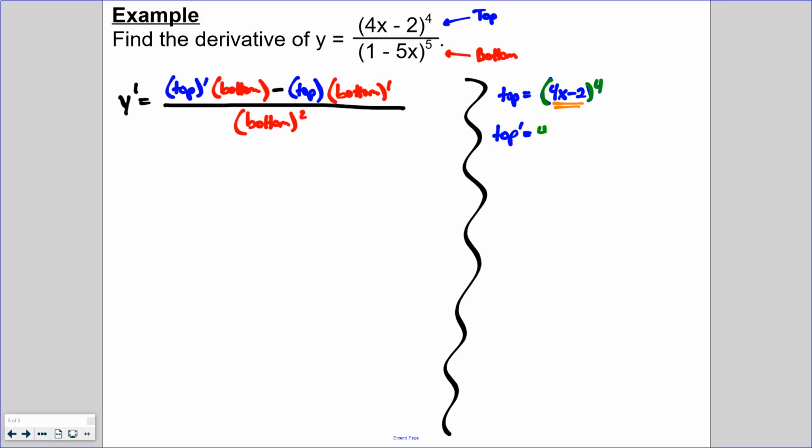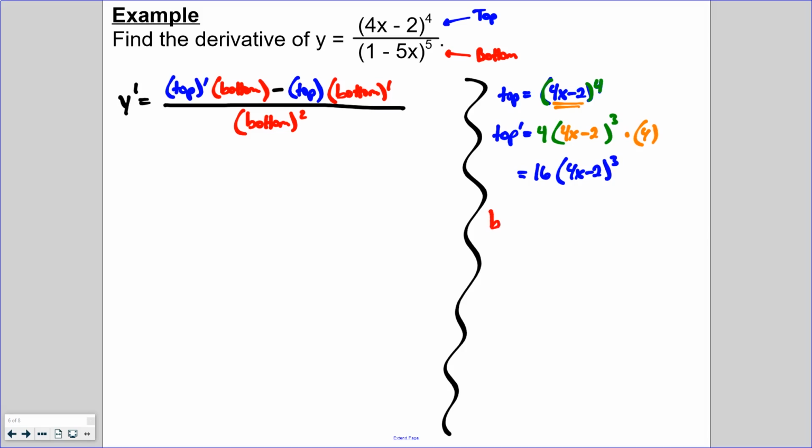So I'll move the 4 to the front, subtract 1 from the exponent to get 3. Then we'll put the inside back in, 4x minus 2, and then we'll multiply by the derivative of the inside, and the derivative of 4x minus 2 is 4. And then we can simplify this. The 4 and the 4 becomes 16 times the quantity 4x minus 2 cubed.